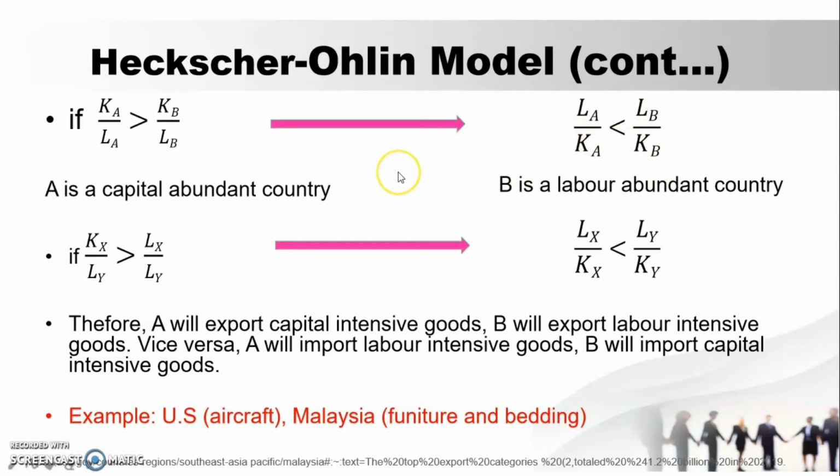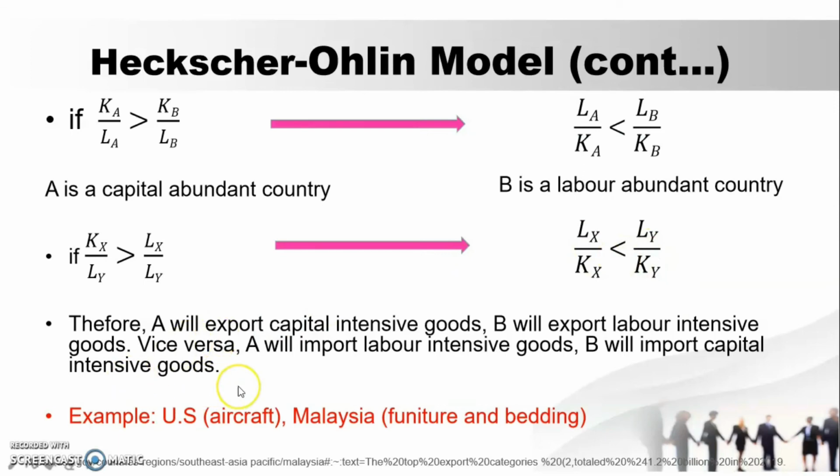Since this ratio shows that there is more labor per capital in B compared to country A, therefore B is a labor-abundant country. Same method with this part. If this inequality is true, therefore X is the relatively capital-intensive good and Y is the relatively labor-intensive good.